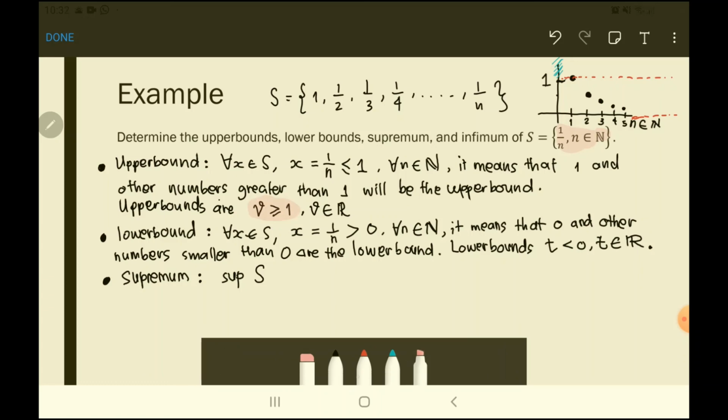Let me draw the number line for you. We have our S, the elements of the set, between 0 and 1, right? 1 is included, but 0 is not. So this is our set S. And the blue over there, say it's phi, is the upper bound.